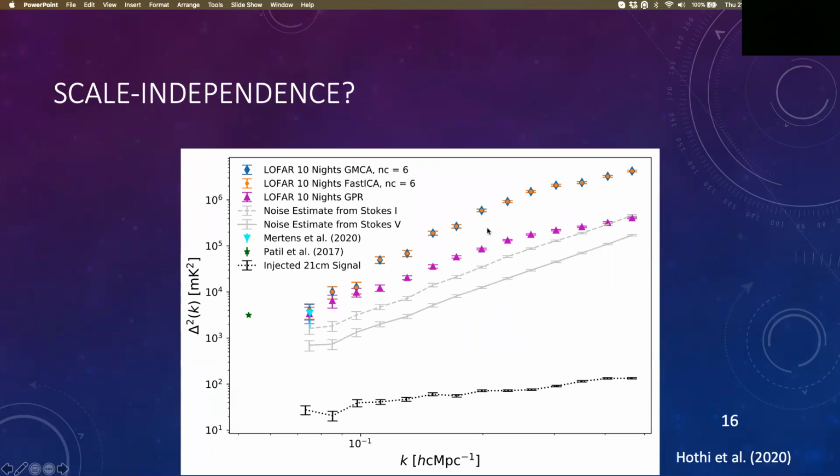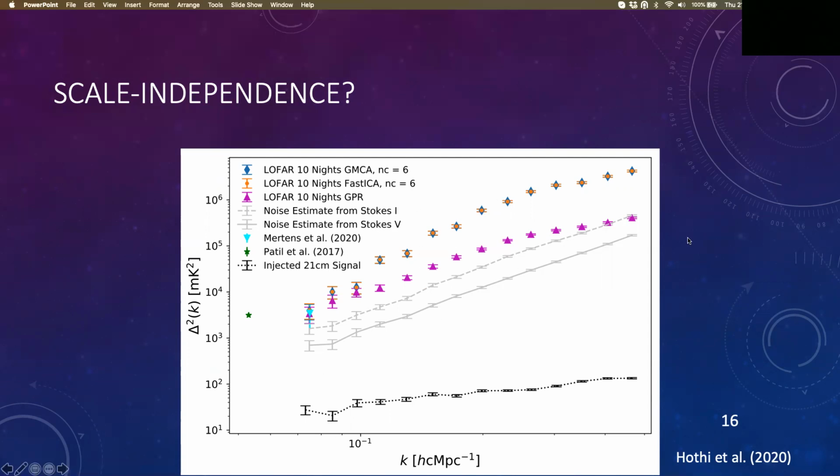And so what we can conclude now is that what's going on here is the fact that all of the instrumental effects and even the RFI flagging that Offringa et al. 2019 looked to mitigate increase the excess power at the highest of ks. And so when I say to GMCA and FastICA, find 6 components, it finds 6 components at every single scale.